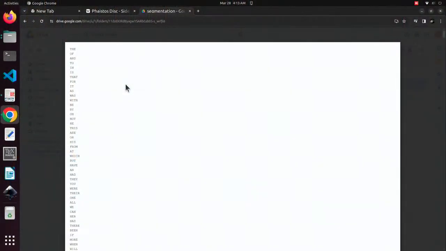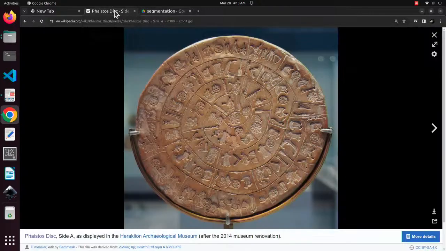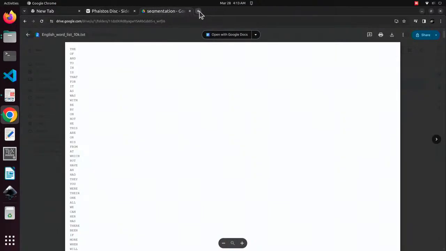Those who don't want to go anywhere, in Google Drive I have already shared one word list, which is from Google Ngram. I have just copied a 10,000 word list. You can just copy paste and check what the frequency is. And those who don't have a computer can work with me.